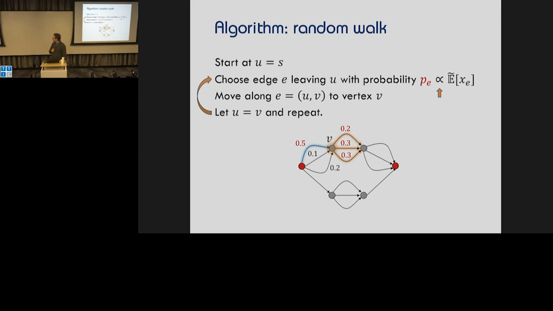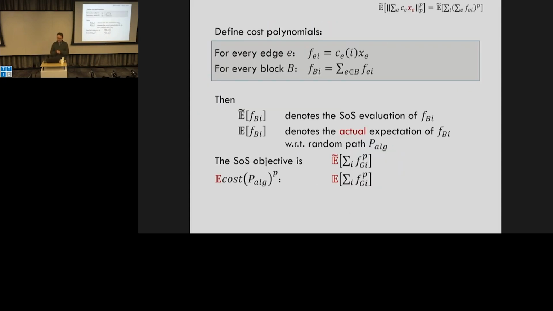In this example, the pseudo-expectation of one edge is 0.2, the other one is 0.3, and the third one is 0.3. So we choose probabilities proportionally to these numbers. And we repeat this step over and over until we reach vertex t. So that's simply a random walk. Now let's analyze what approximation we get using this approach.